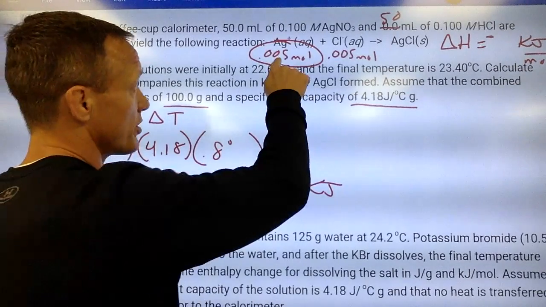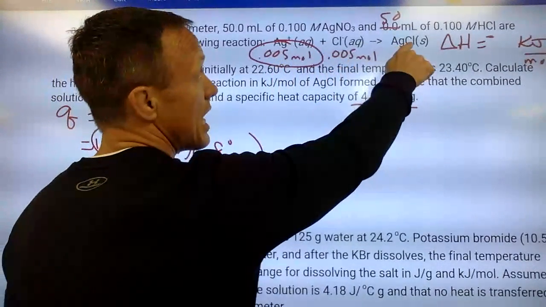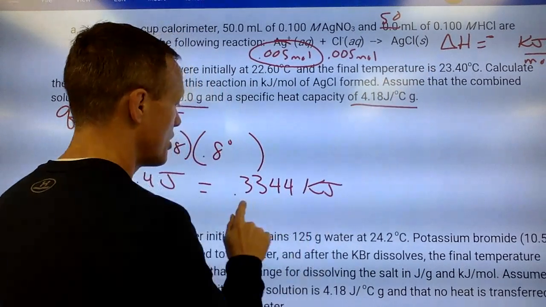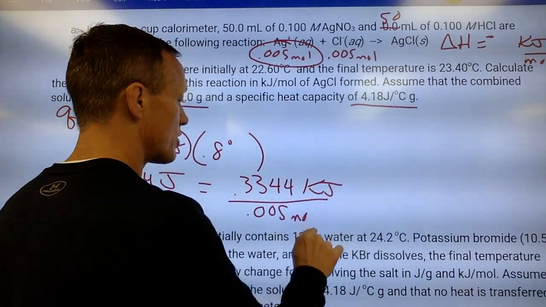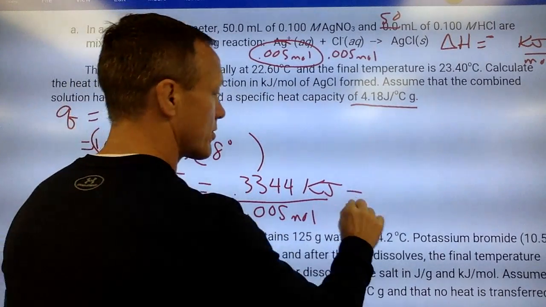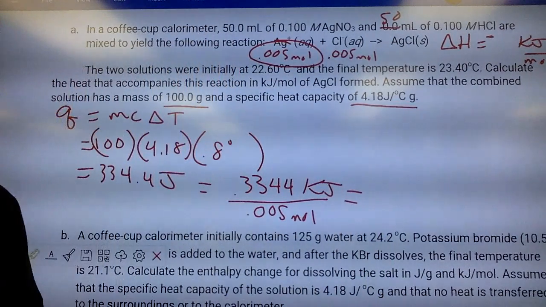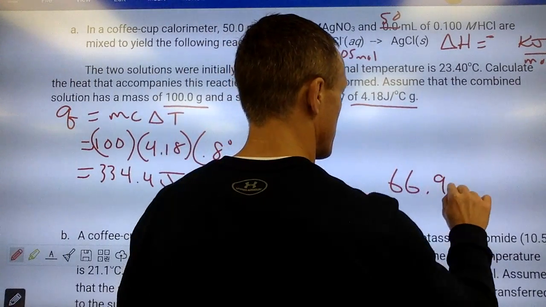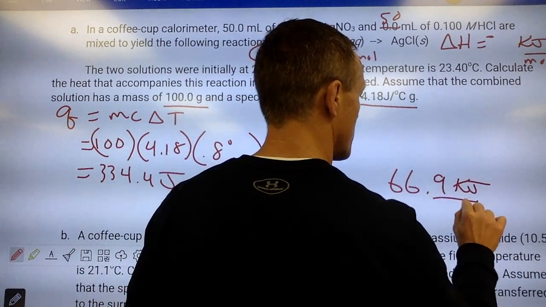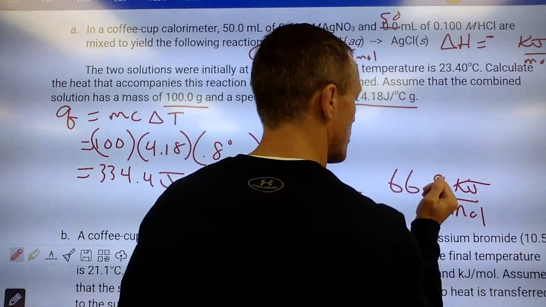And remember, we're using 0.005 of that, 0.005 of that, and making 0.005 of that. So that is the number of kilojoules per 0.005 moles that are reacting. That'll give us our kilojoules per mole, which is going to be 66.9 per mole.